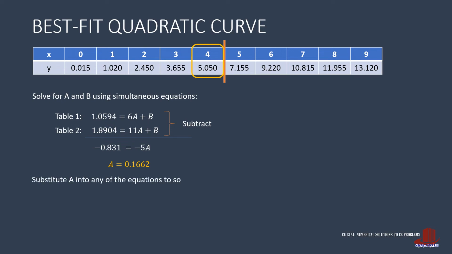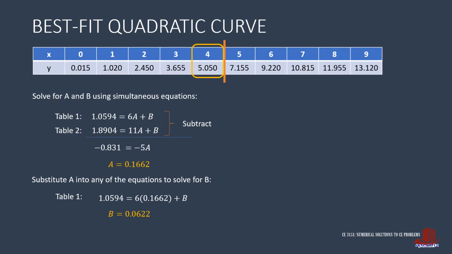Place this value into any of the equations. Again, we use table 1 for our discussion, making 1.0594 equal to 6 times 0.1662 plus b, making b as 0.0622. Now that we have solved a and b, the only one we need is c.